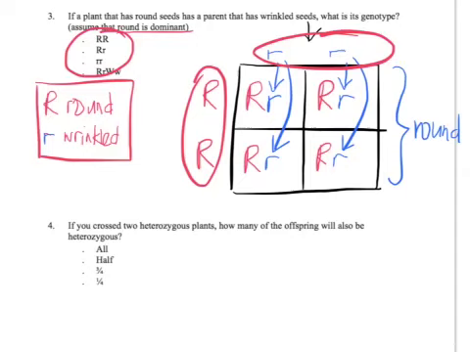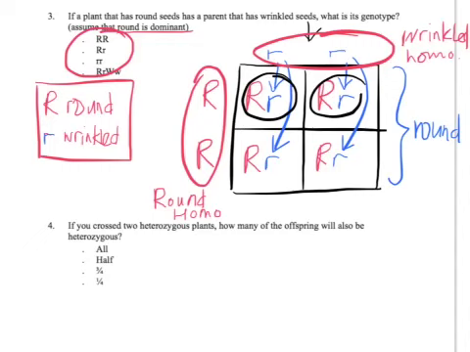So we had a purebred round seeded homozygous plant, and we had a purebred wrinkled homozygous plant crossing with one another. Each of the generations that followed were all round seeded, exactly what the question was saying. So what was its genotype?